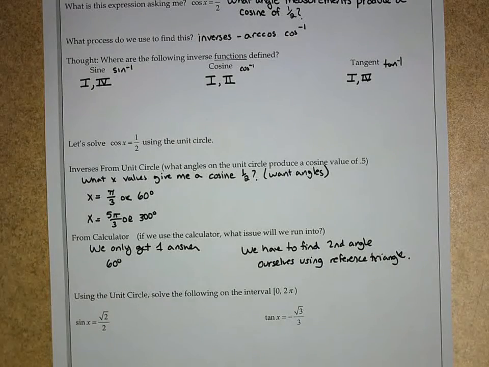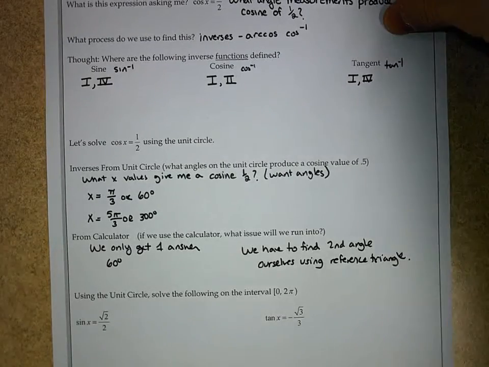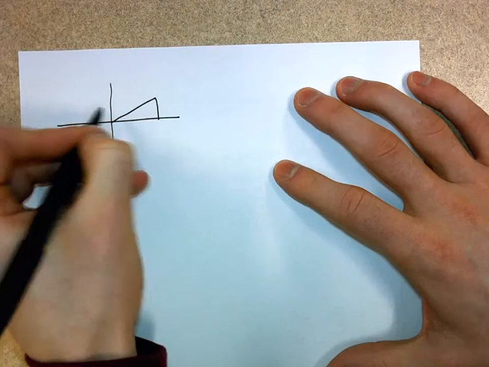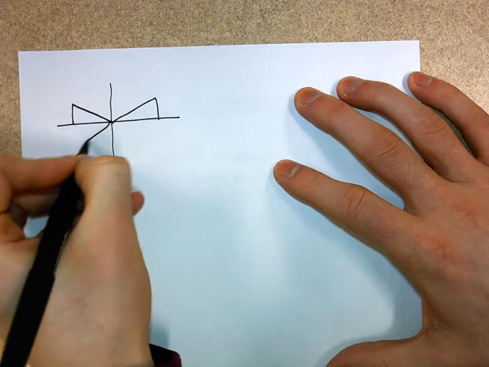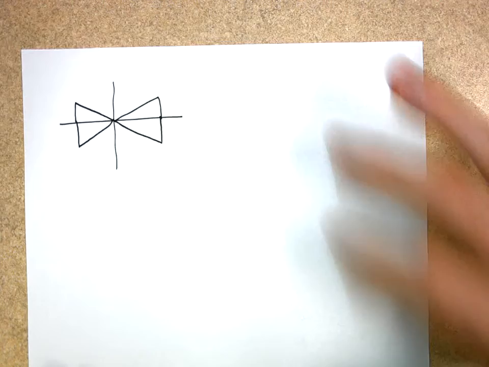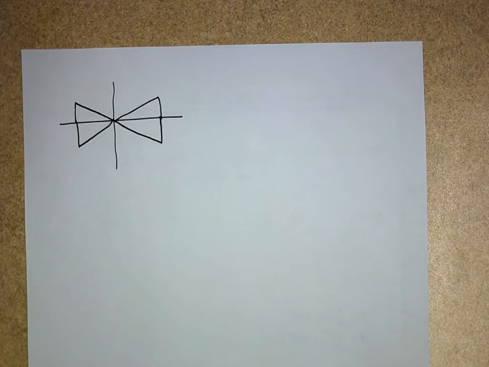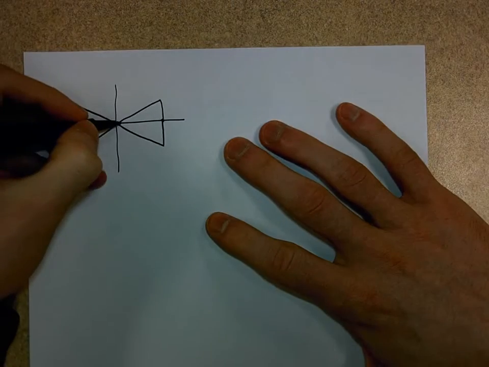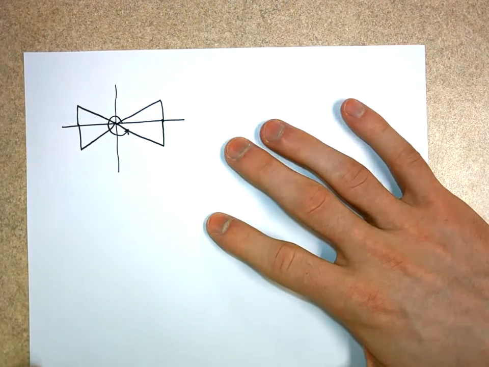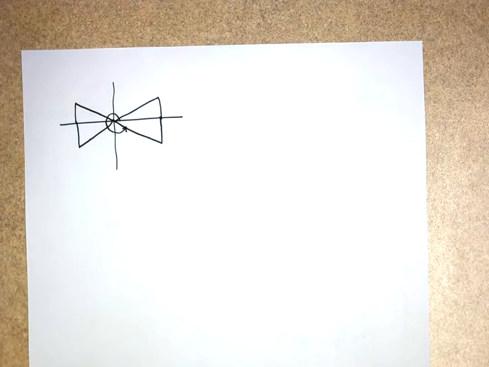So just a quick review on what a reference triangle is. A reference triangle, if I were to draw it out, looks like a bow tie. My reference triangle is going to be one of those 4 angle measurements. And when we're measuring, we're going in the counterclockwise direction.